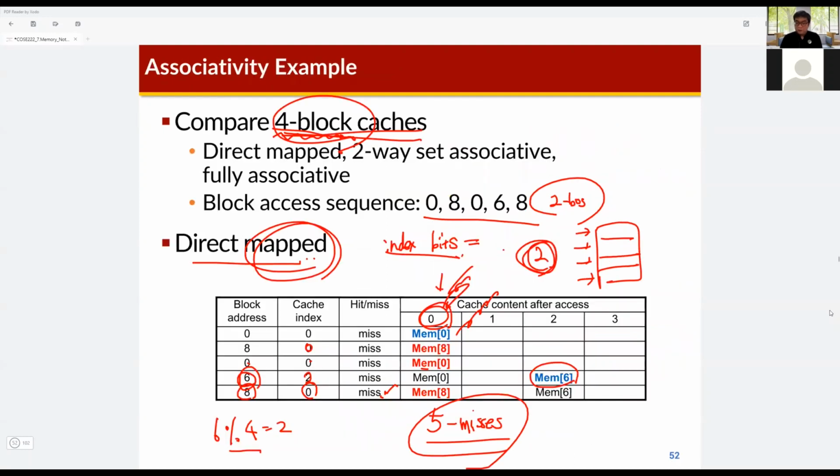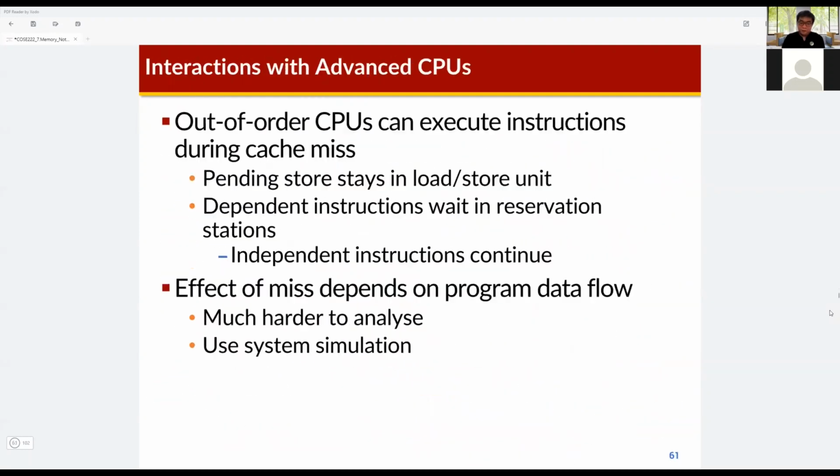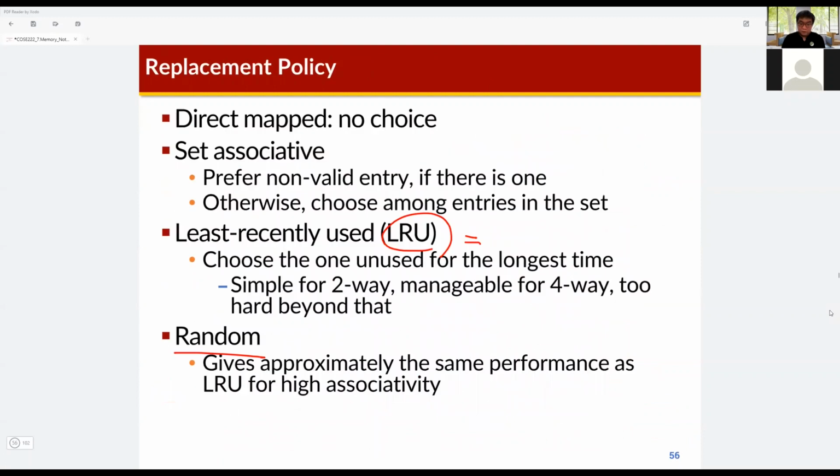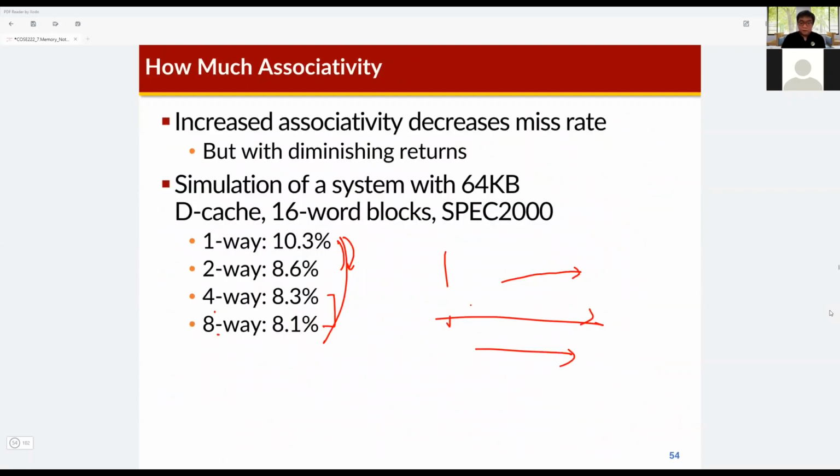And then I also explained that with a real workload or real benchmark simulation, this is the miss rate of the cache. This is the set associativity and this is the hit rate.